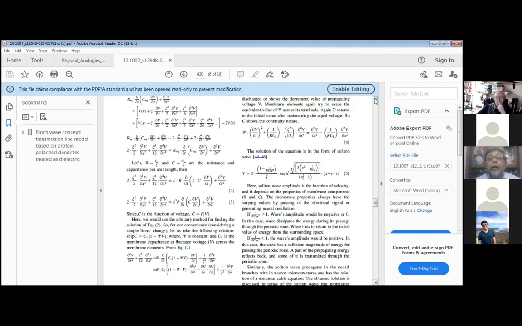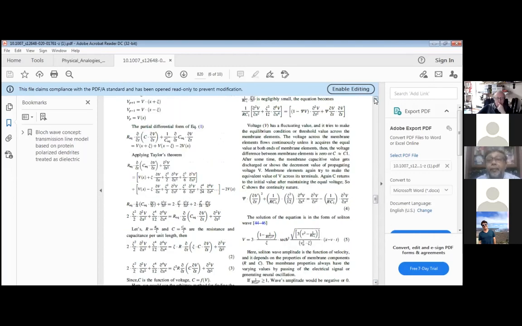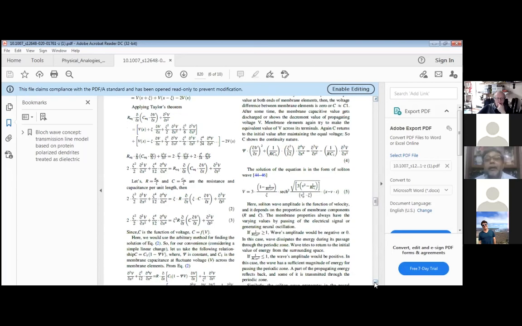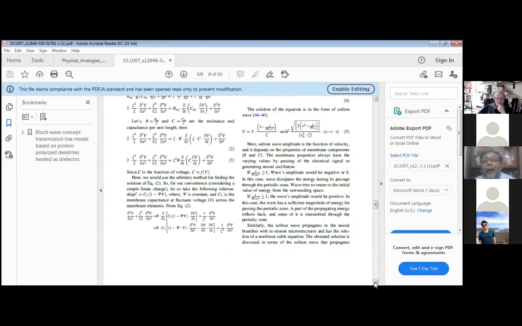You see, for the membrane there are different soliton wave amplitudes. It's a function of velocity and depends on the properties of membrane components R and C. The membrane properties always have varying values by passing the electrical signal or generating neural oscillation. So we got, if 1/RC0 is greater than or equal to 1, the wave amplitude would be negative or 0.